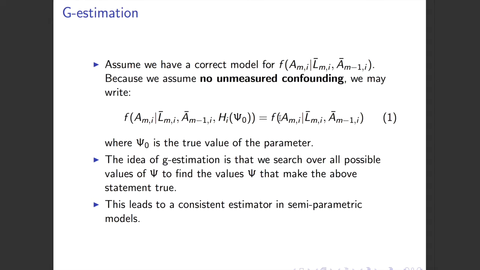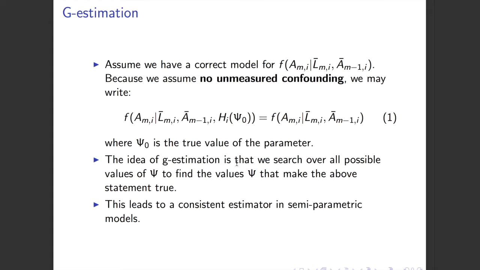That is what this statement is saying, where psi 0 is the true value. So F is just the distribution of treatment at time m. It's independent of your true counterfactual given the stuff that we've conditioned on here. And so under the assumption that psi naught is the truth, we may remove H_i of psi naught. That's the idea behind G-estimation.